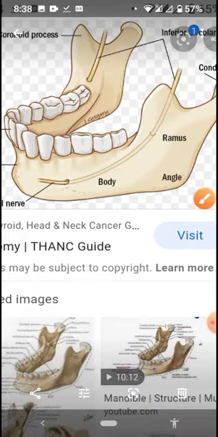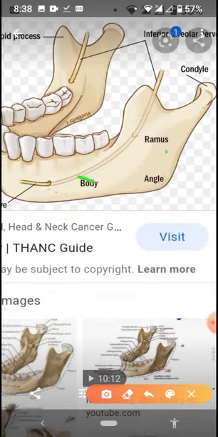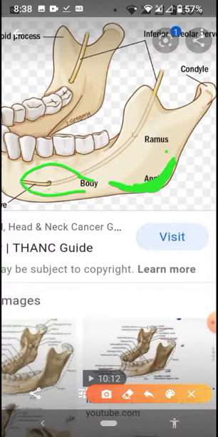Where the body and the ramus meet, it's the angle of the mandible. This is the body of the mandible, this is the ramus of the mandible, and this is the angle of the mandible. We will discuss each point one by one.